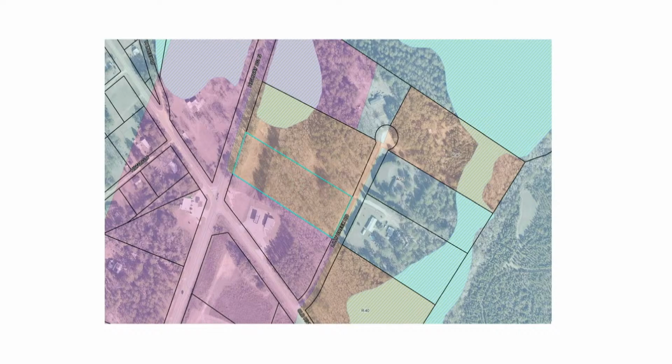I can't really speak to the history on those, but again, with the stated use of being able to place a manufactured home on the property, it would be consistent with what is there currently. And so with that, staff recommends approval of the rezone request, and the Planning and Zoning Commission recommended approval by a 3-0 vote.